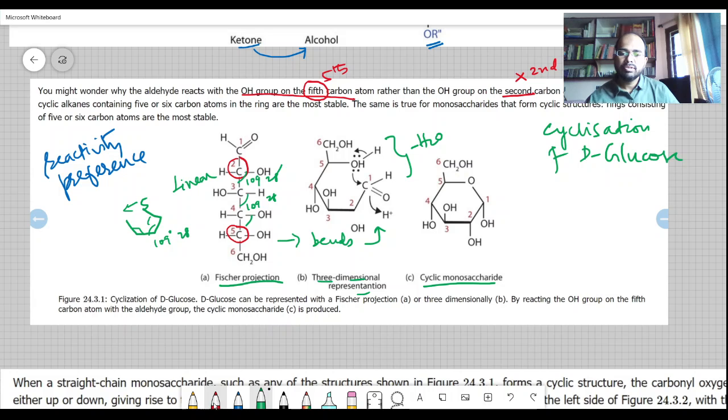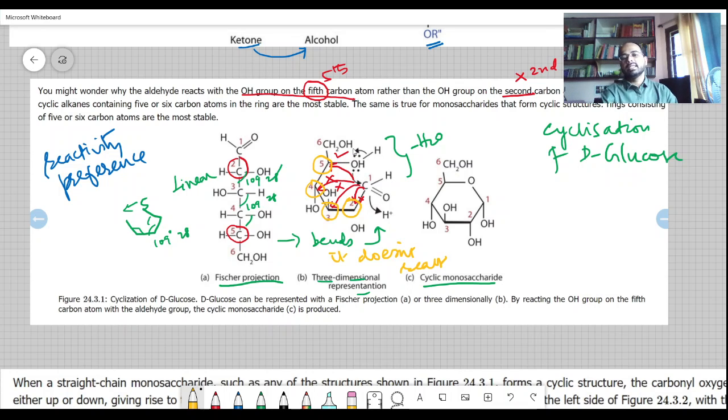What it means is that this first carbon atom doesn't react with this, it doesn't react with this, it doesn't react with this, and it reacts only with this. So you have three options, the second, third and fourth carbon atoms, with which it doesn't react, but you have the fifth carbon atom with which it reacts.